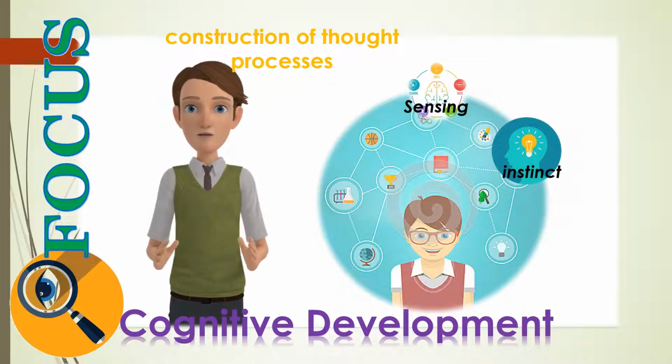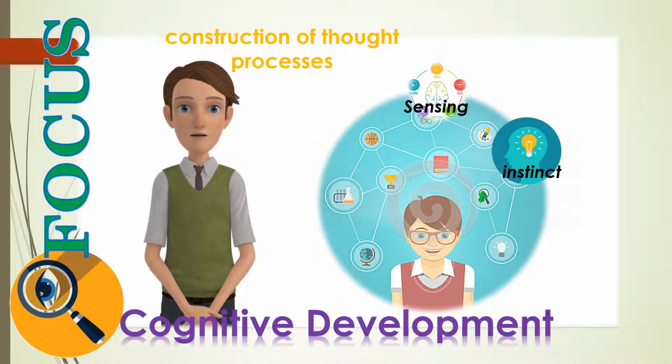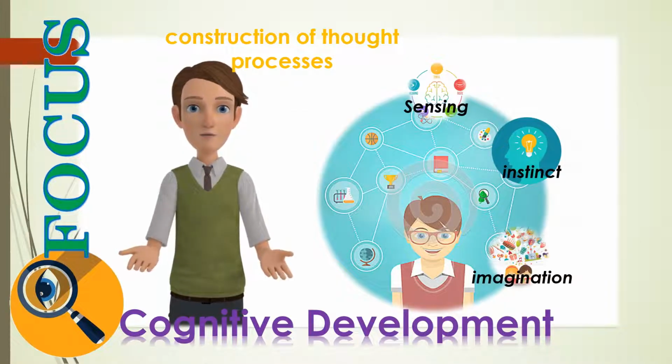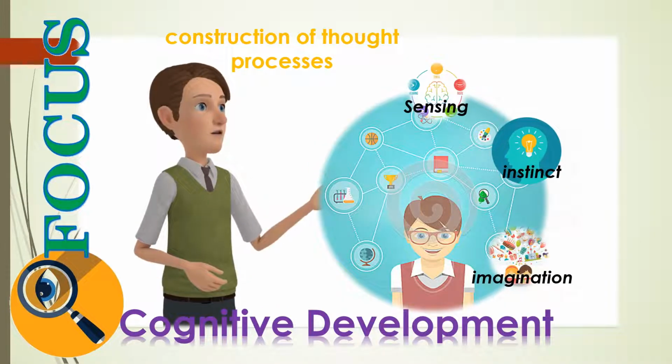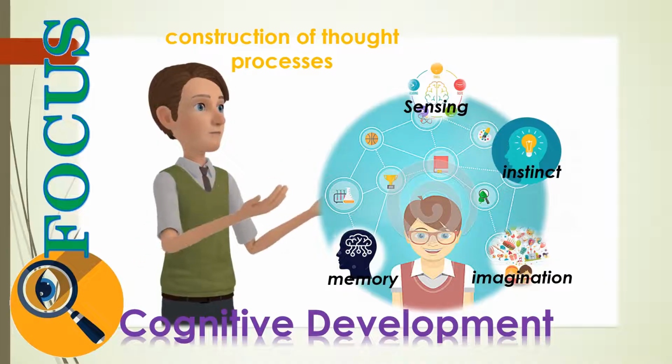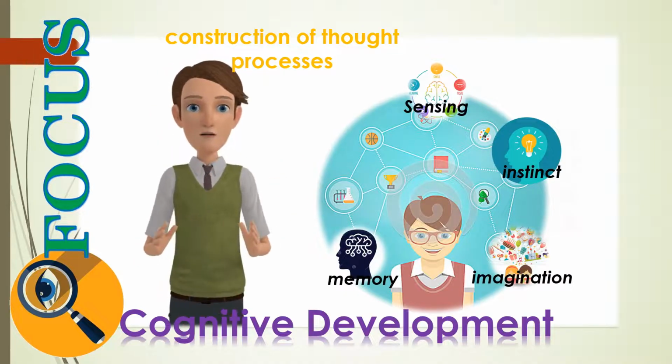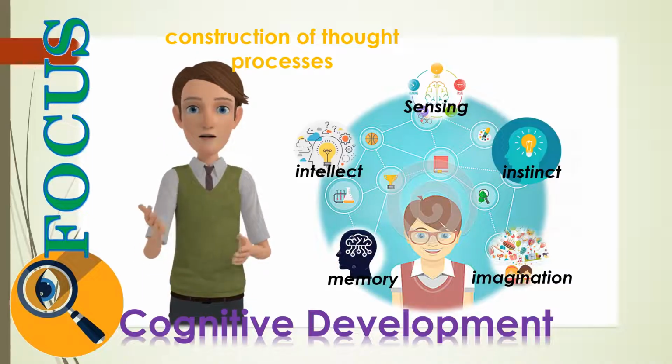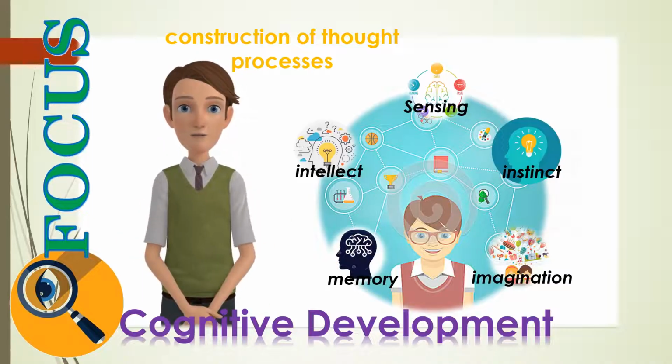Instinct is the natural tendency to behave or react in a particular way. Imagination is the capacity to form representations of material objects which are not actually present to the senses. Memory is the ability to retain, recall, and recognize past mental acts. Intellect is the innate capacity to form concepts or ideas, make judgments, and reason out.